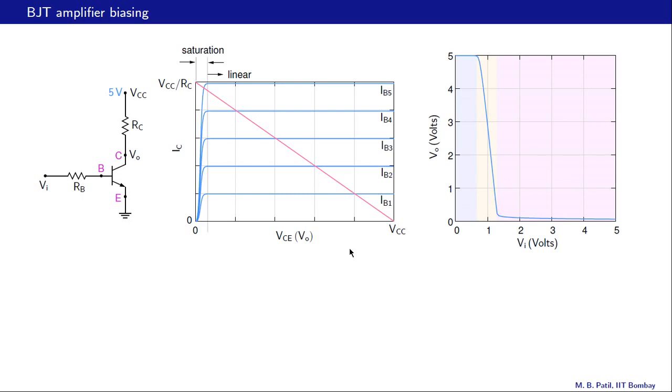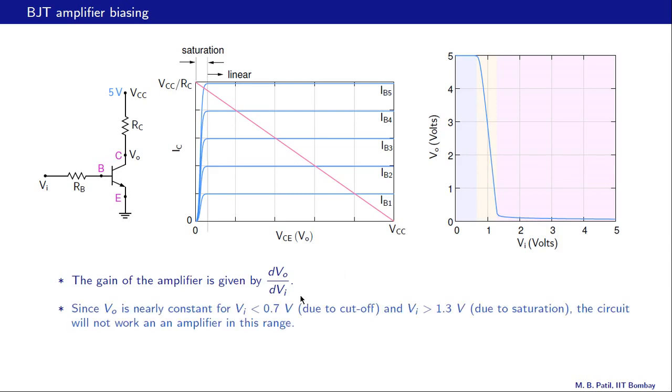For this circuit to function as an amplifier, what we need is a large enough gain, which is given by dVO dVi, that is the slope of this VO versus VI curve. And it's clear that the slope is maximum somewhere here in magnitude.